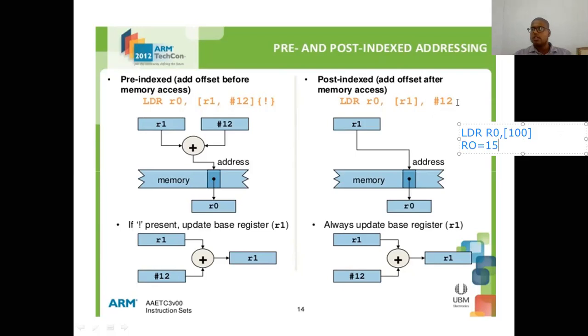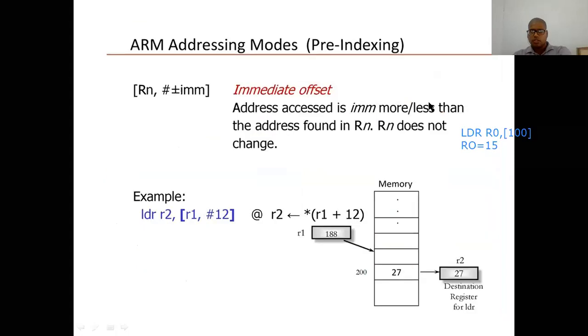You can easily observe the differences between this one and this one. Here I have added this 12 to the content of R1, and the total value I got... I need to move to the previous slide now. See, I have considered this entire thing as a single address.